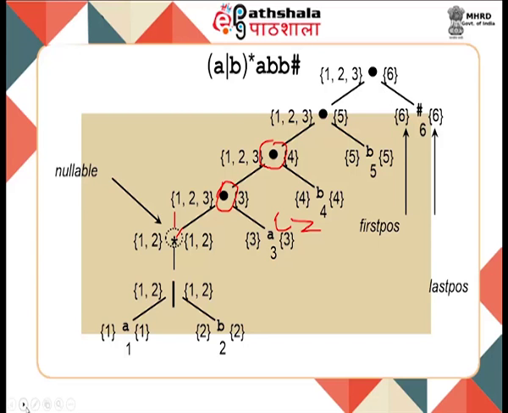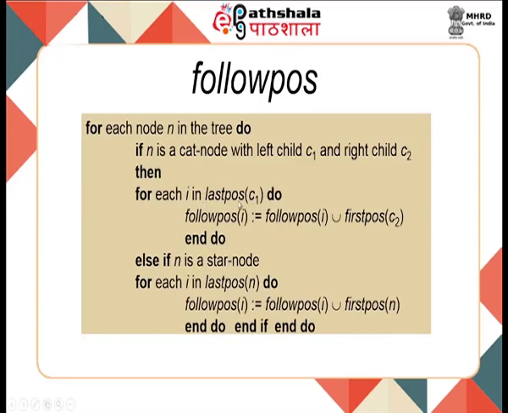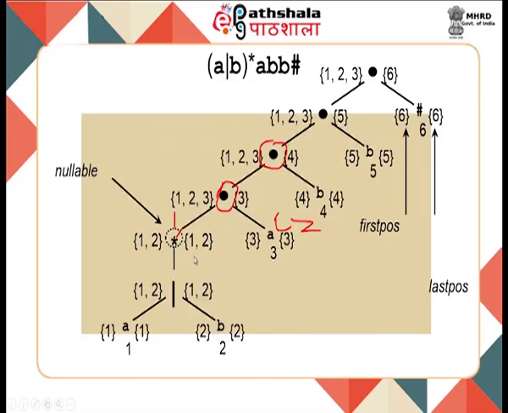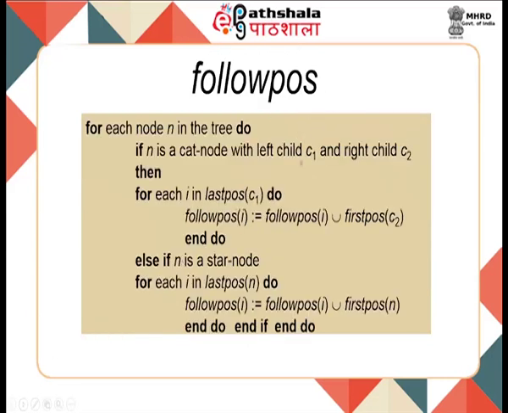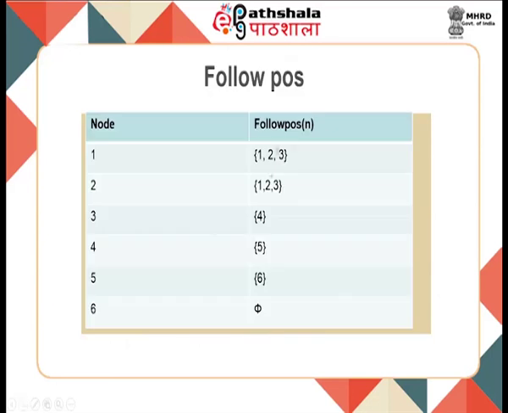I is available in last position of C1. So C1 has 1, 2 as last position. So follow position of 1 and follow position of 2 will definitely have first position of C2, which will definitely have 3. So that is what I have got here.